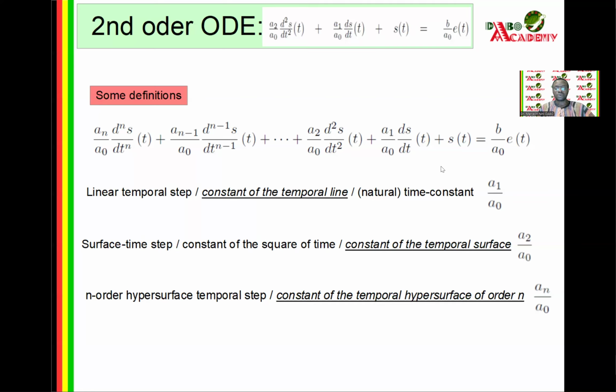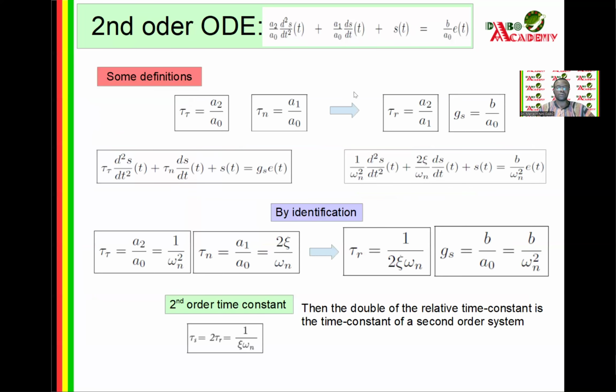So now let's apply what we have defined here to the expression. We just stop at the second order system. And then you recognize here, as I told you, that A1 over A0 is the natural time constant. How will I call this? I will call this a constant of surface.